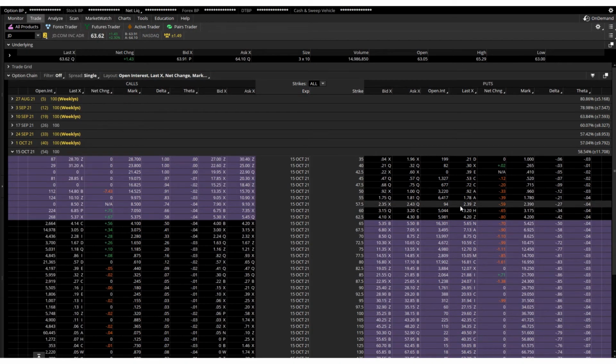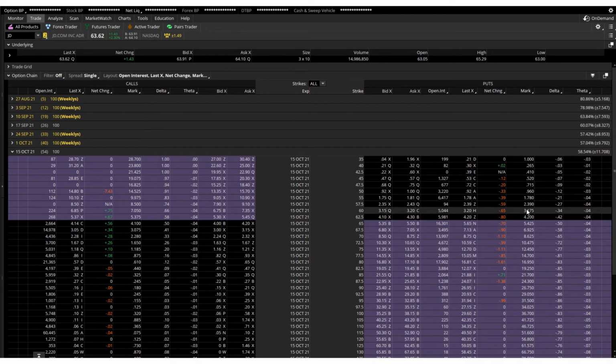And if price does keep dropping during the life of this contract, the value will start increasing for my contract.